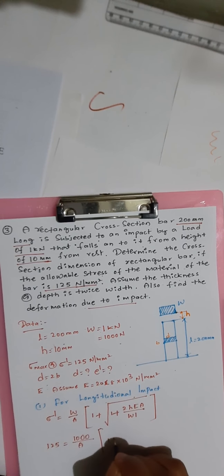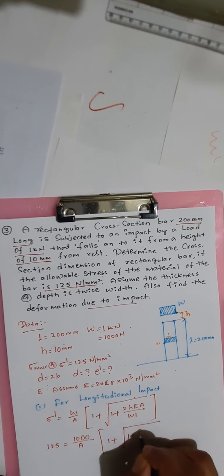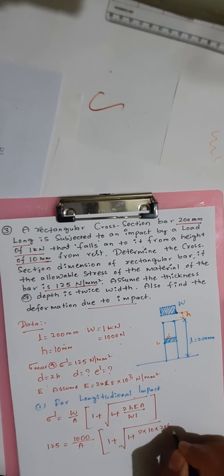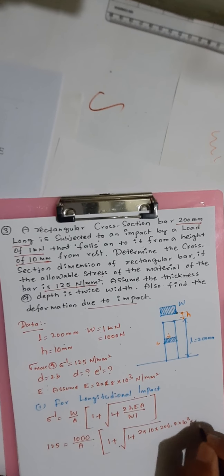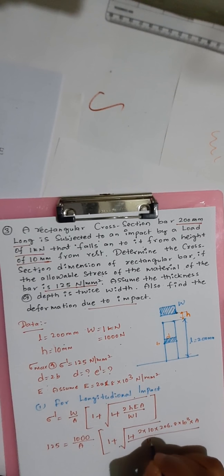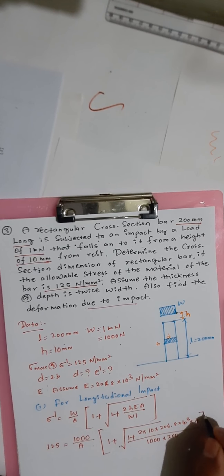Then 1 plus square root of 1 plus 2 into H, which is 10 mm, into E, which is 206.8 into 10 to the power 3, into A, divided by W, which is 1000, into L, which is 200 mm.